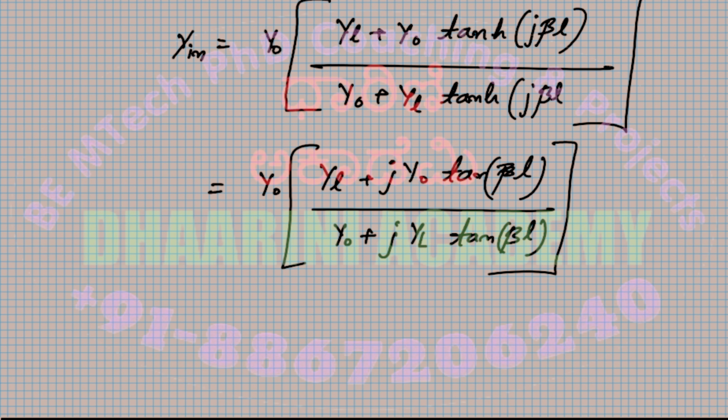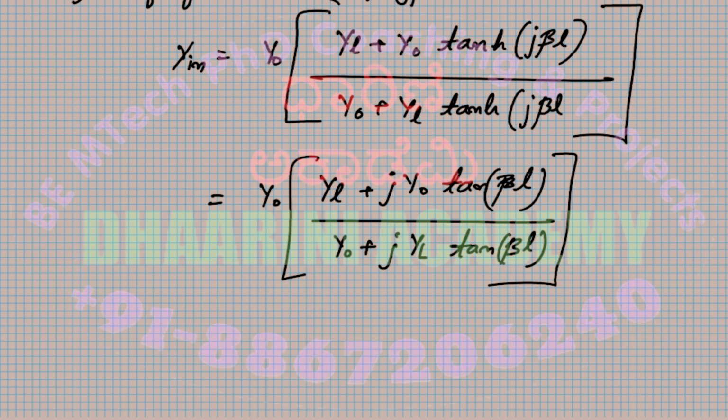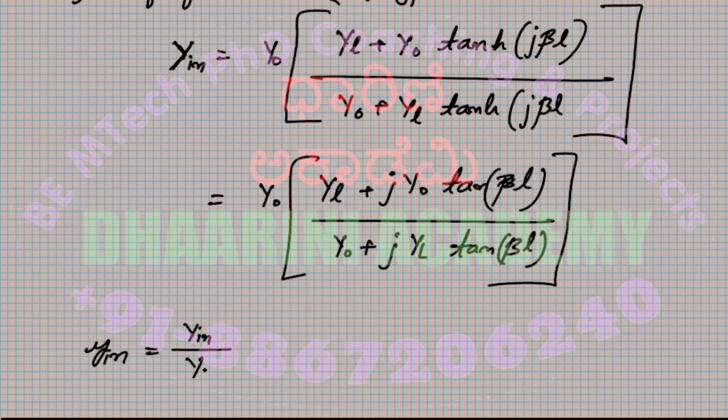Otherwise, you divide everything by Y naught. In this case, Y naught. Just remember whatever I have written so far are the capital letters. That's the convention I follow. Normalized will be small letters. So this is y in, capital Y in divided by capital Y naught.